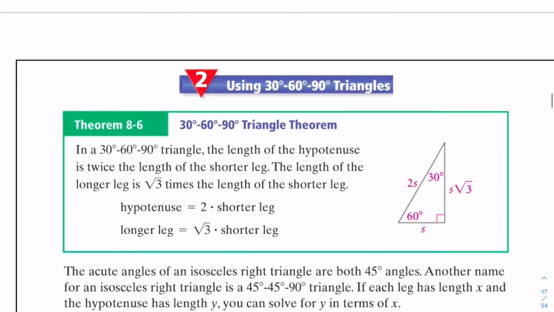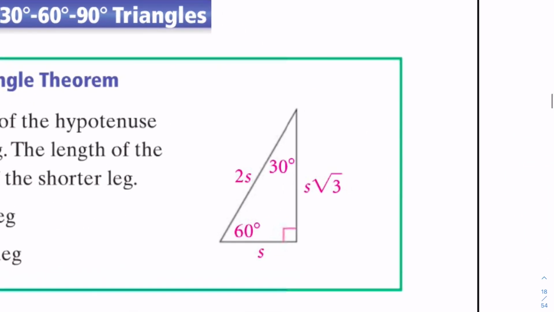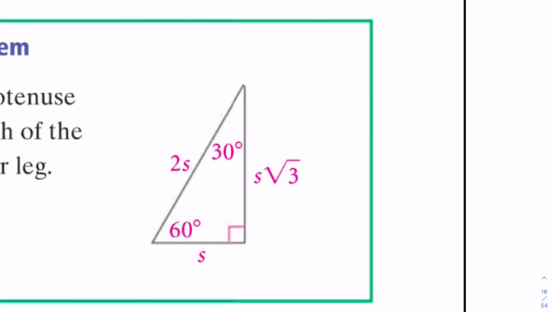For 30, 60, 90, we have two equations. We have a ratio where opposite the 30, opposite this 30, has a length S. Opposite the 60 is that length times the square root of 3.